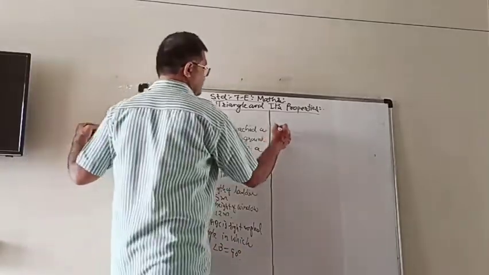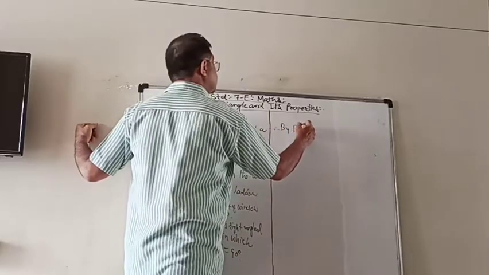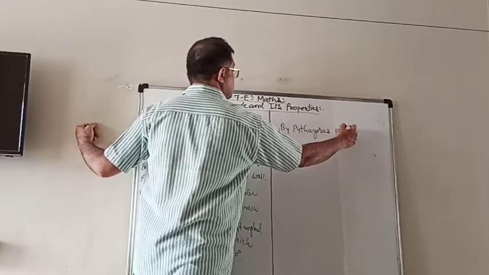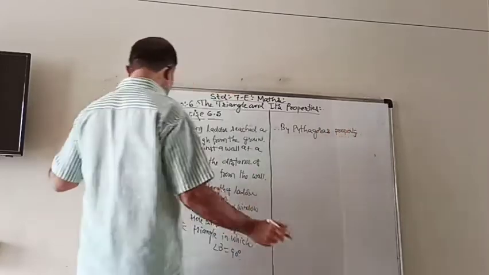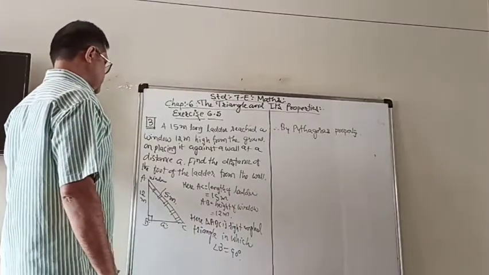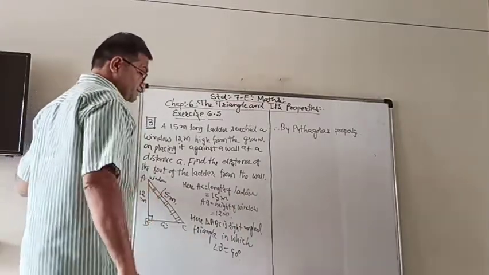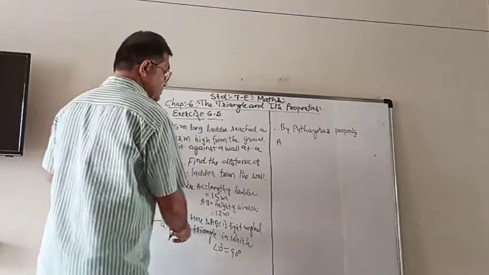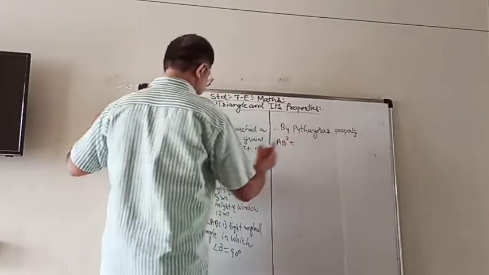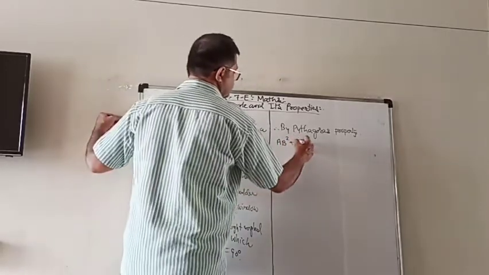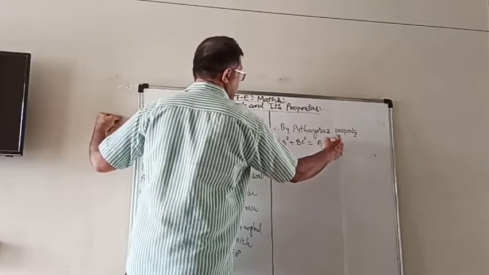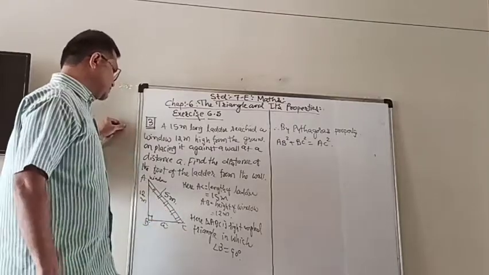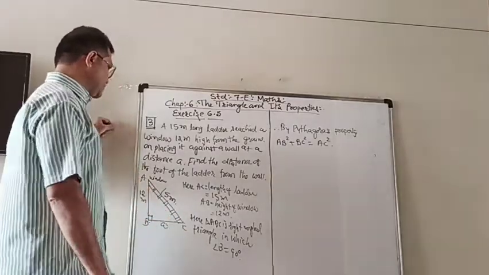So now by Pythagoras property, we have to use the Pythagoras property. AB square, I mean the legs, AB square plus BC square is equal to the square of the hypotenuse, AC square.